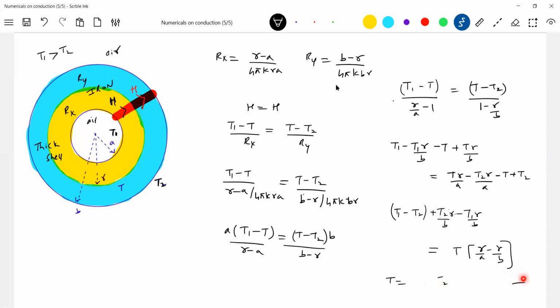Check the calculation once. I think somewhere I had lost it, I feel. T1 minus T2, okay, this is okay. Here I should bring, this should be T2 a. Yeah, fine then.